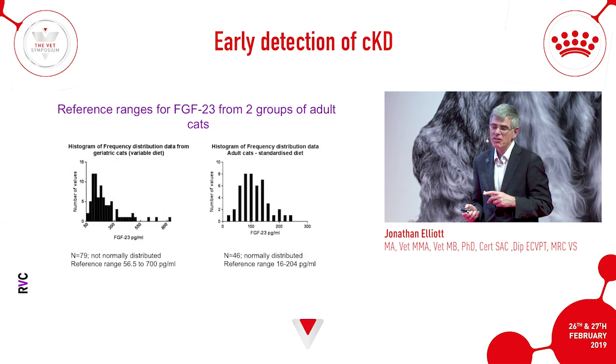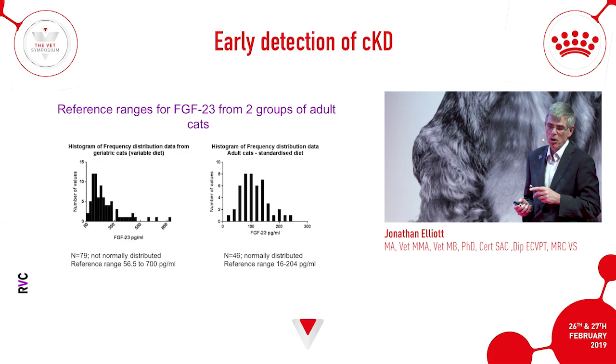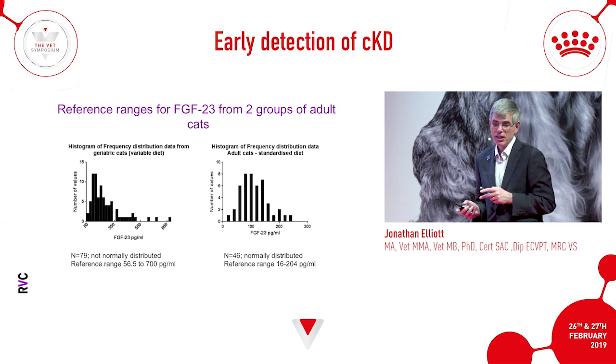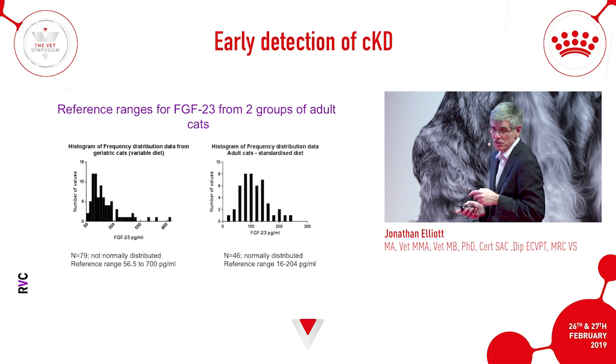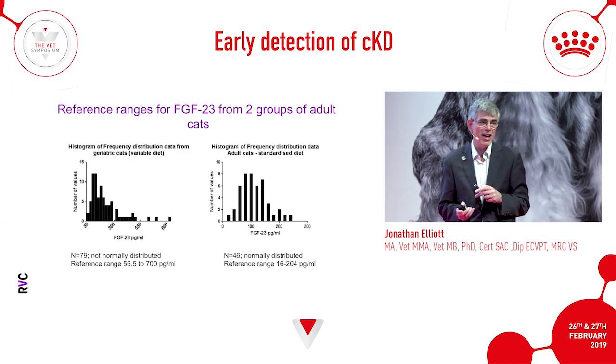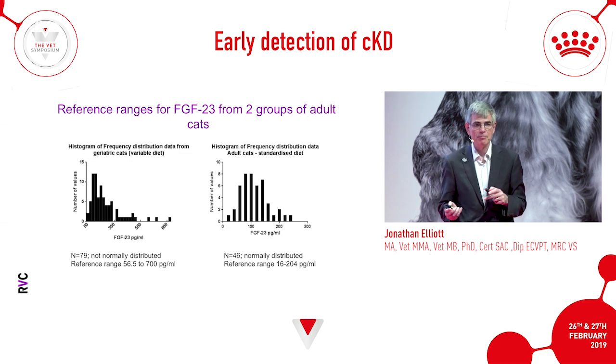And here are some serum distribution curves for FGF23 in a group of normal cats and a group of cats that were fed a standard diet in a colony. And you can see the distribution is quite different. And this tail on this distribution suggests that actually a proportion of the normal cats are phosphate overloaded.